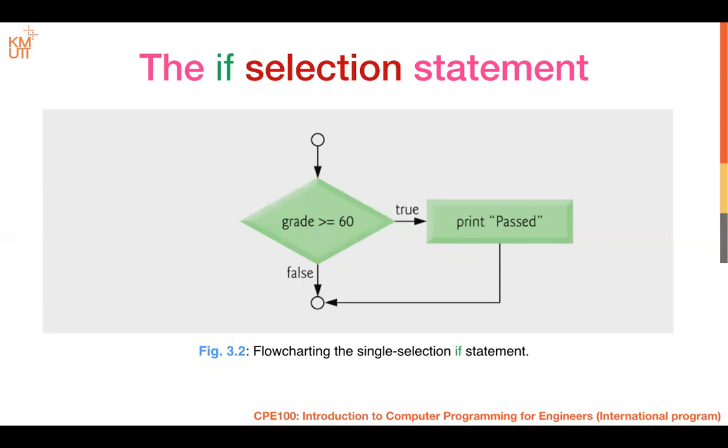And if it's false, it will go to the next statement. You can see that after we print pass, even when the decision is true, this one will also go to the same place, the same segment here, right? So that's why sometimes we call this a connector. Okay, this is the if statement and the flowchart of the if statement, which is the diamond symbol.